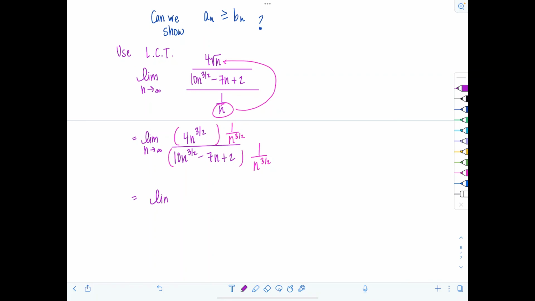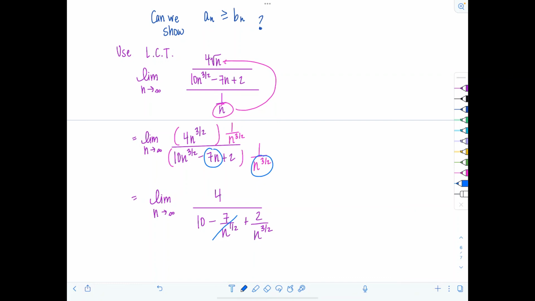So we've got the limit, n approaches infinity, 4 over 10 minus 7n over n to the 3 halves is going to give me 7 over n to the 1 half, right? Good. Plus 2 over n to the 3 halves. Okay, we're in good shape now.